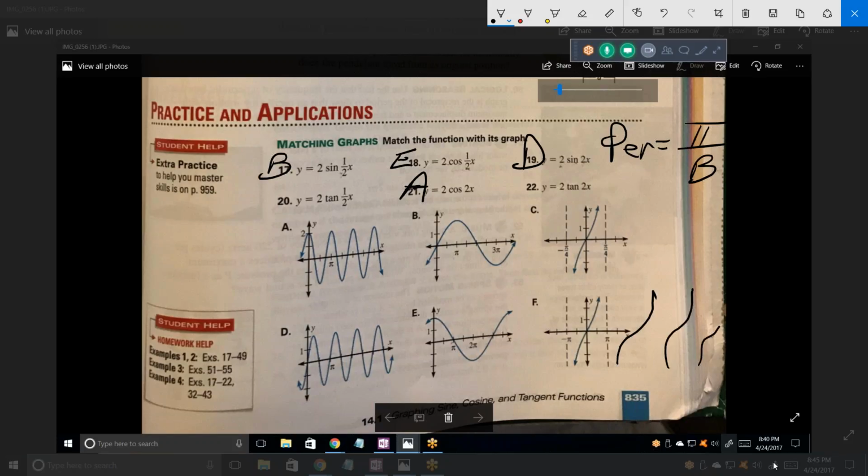Every one of those is a period. So this period from there to there is 2 pi. This period from here to here is pi over 2. This one, number 20, gave us a period of 2 pi, so that's F. Number 22, it's pi over 2, b is 2, so we've got a pi over 2 period, and that is C.